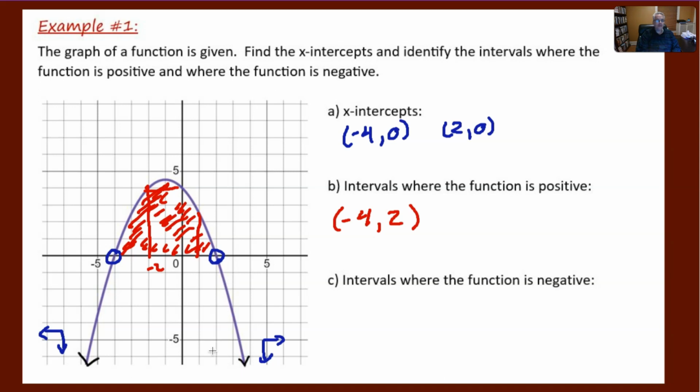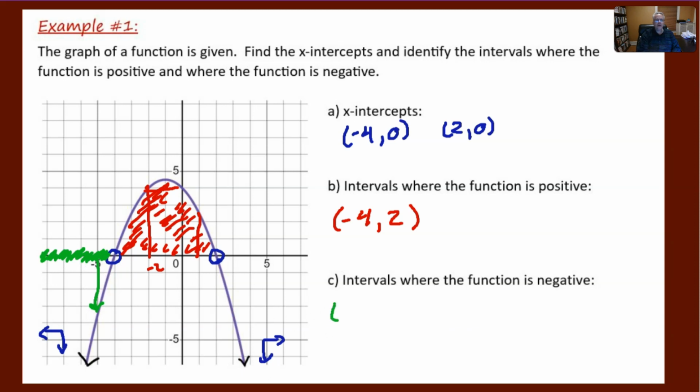Find the intervals where the function is negative. Well, that's everywhere else. Over here, like at -5, if I ask you the value of the function, it's below the x-axis, and the y-coordinate is negative. So for these x values over here, up to the intercept, the value of the function is negative.